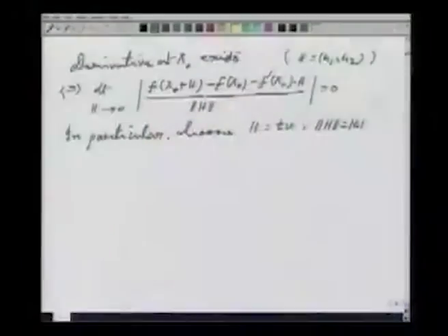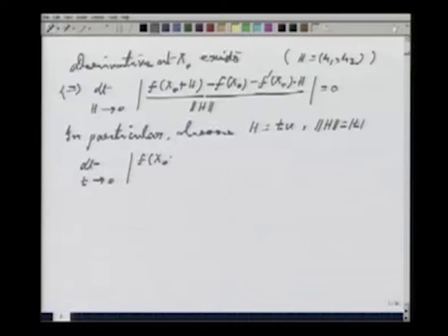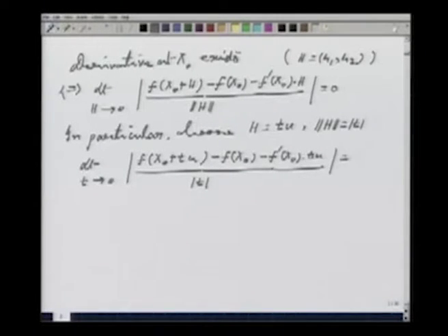If instead of h I put tu in the above limit, what I get is the limit, t going to 0, of modulus of f of x naught plus tu minus f of x naught minus f prime x naught dot the vector tu, divided by mod t, equal to 0.